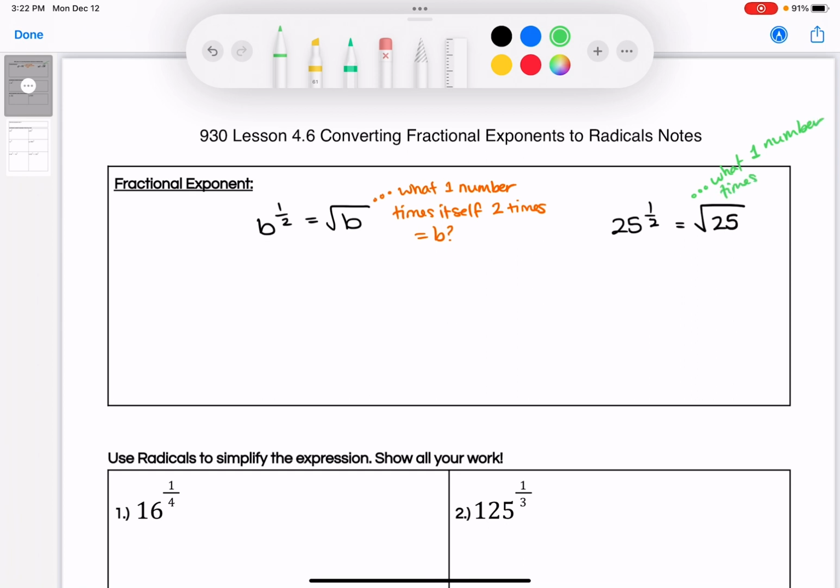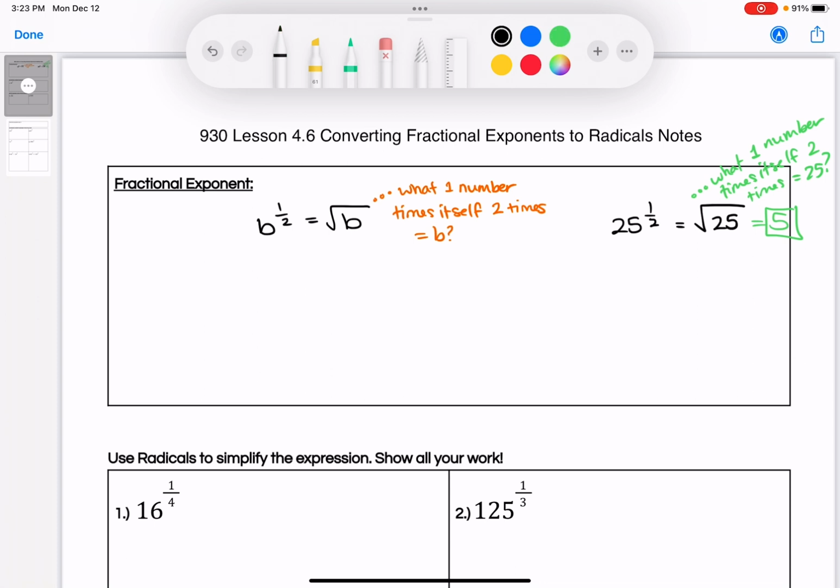The answer is 5. So 25 to the 1/2 power is 5. The 1/2 means, what's the one number times itself 2 times? That's how I get this square root.